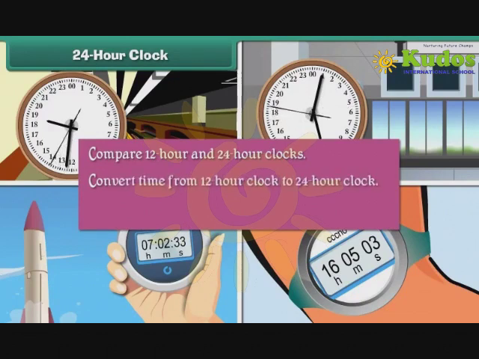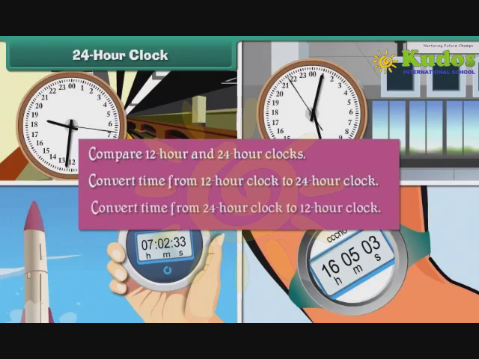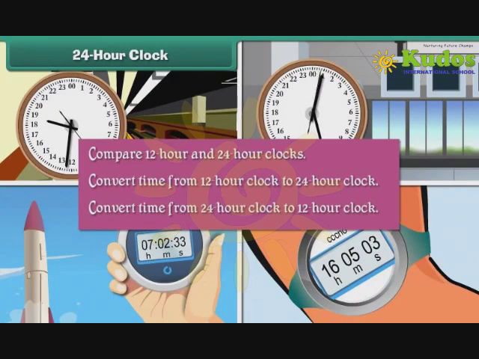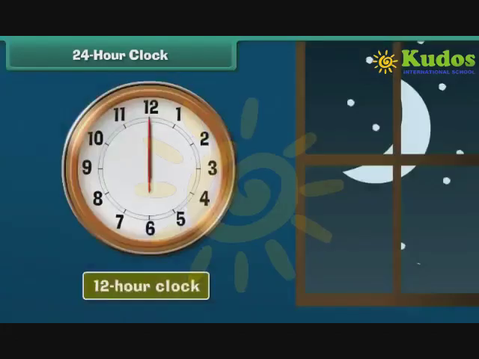Convert time from 12-hour clock to 24-hour clock. Convert time from 24-hour clock to 12-hour clock. Let us learn in detail.